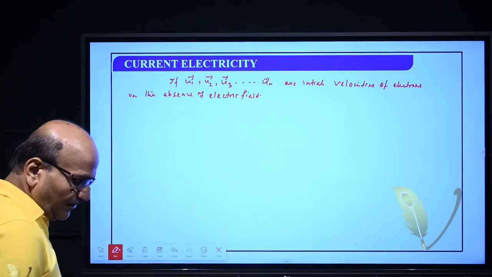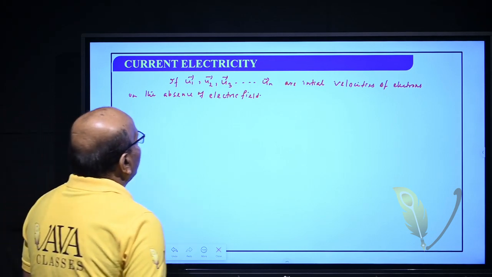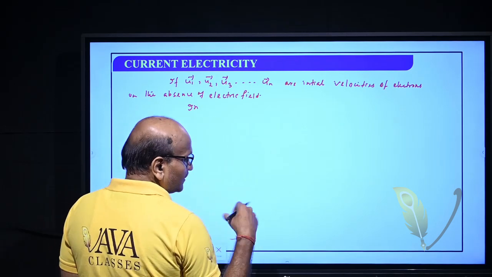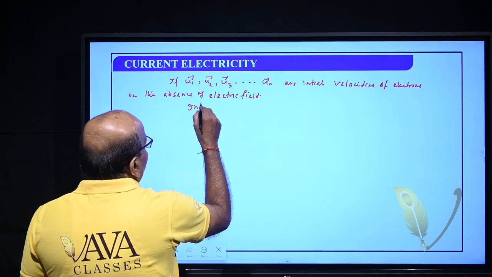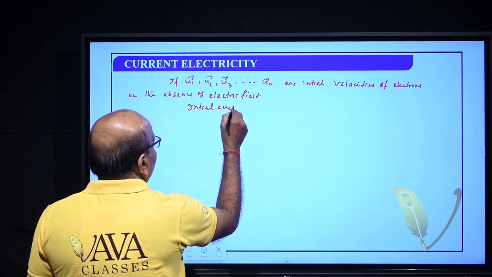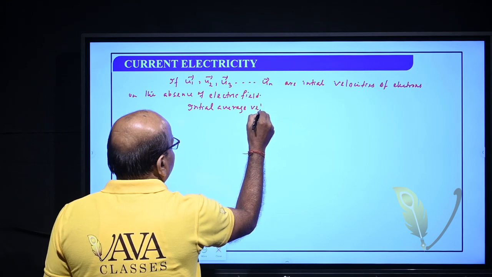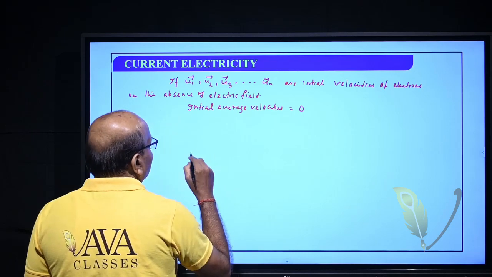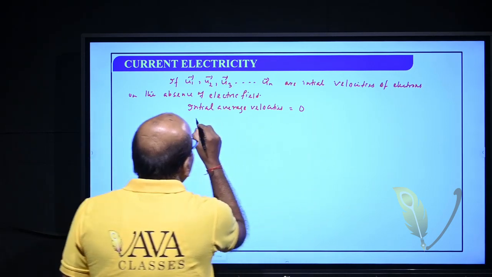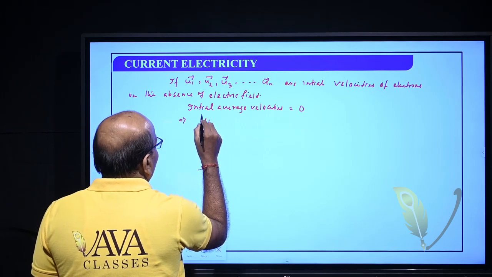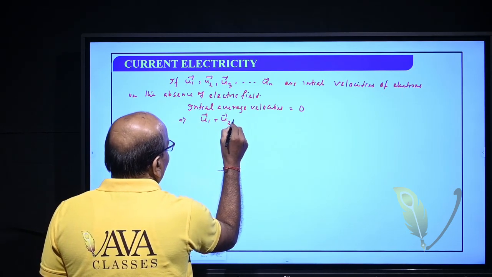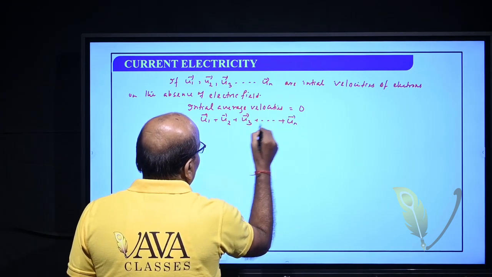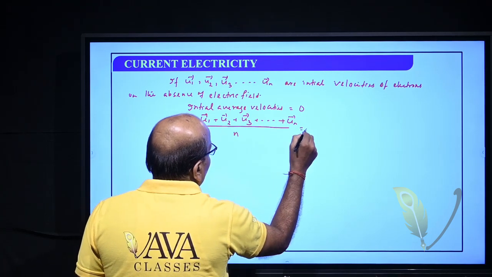These velocities are called thermal velocities. As the electrons are in random motion, the initial average velocity is equal to 0, which implies (U1 + U2 + U3 + ... + Un) by n is equal to 0.